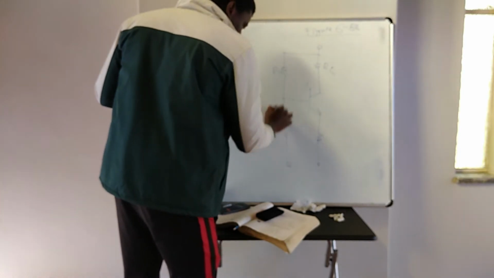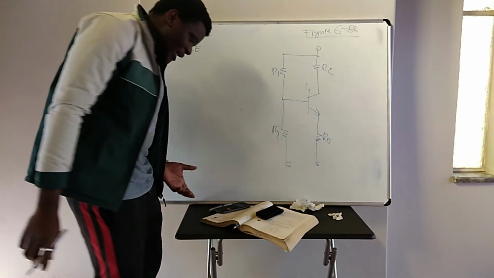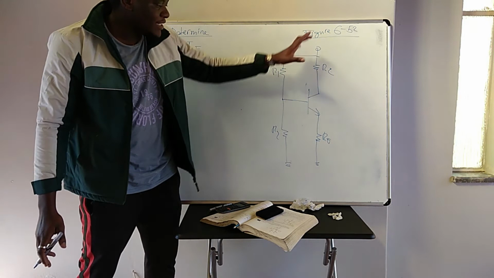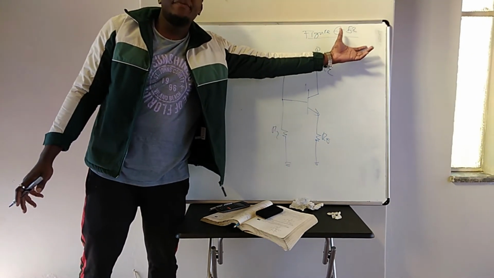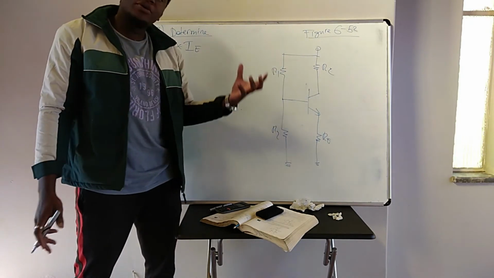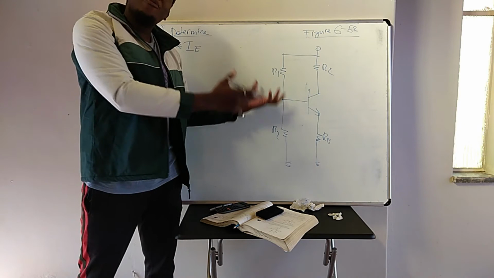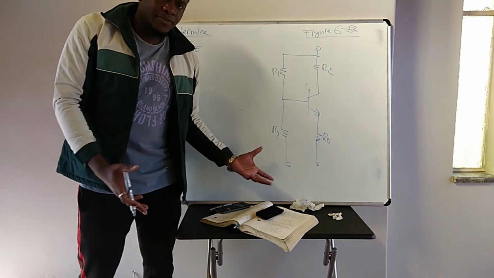R1, R2, and RE. I just remove the capacitors, because the question is to calculate DC values. When we use DC values, we must use the DC equivalent circuit, which is this one.